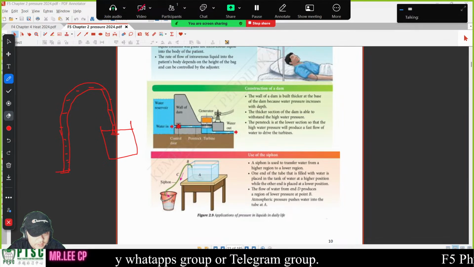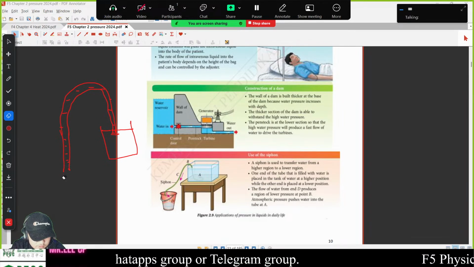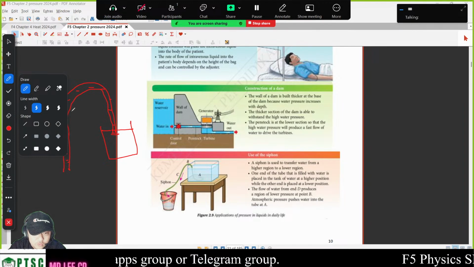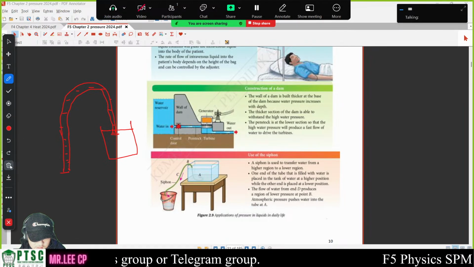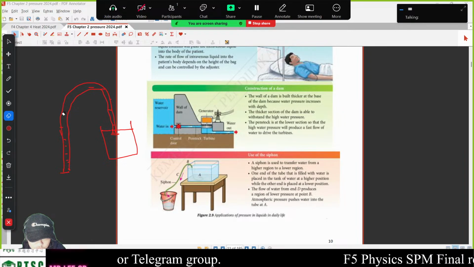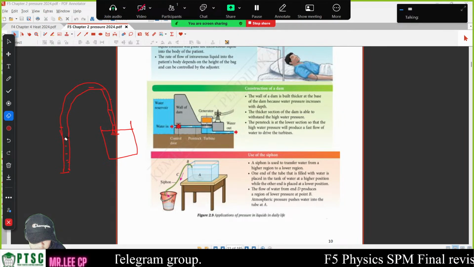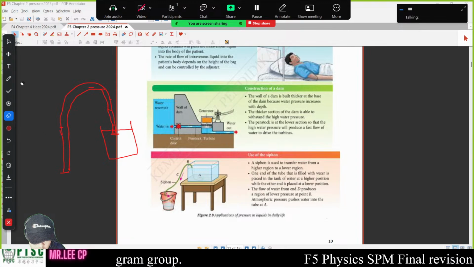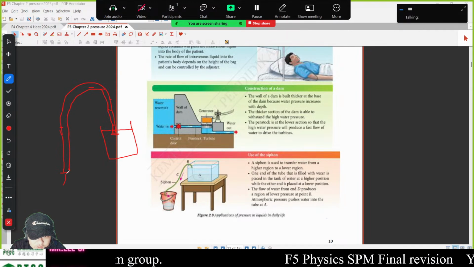Once you let go, what happens to the water here? The water will flow down because of gravity, so the water will flow out.